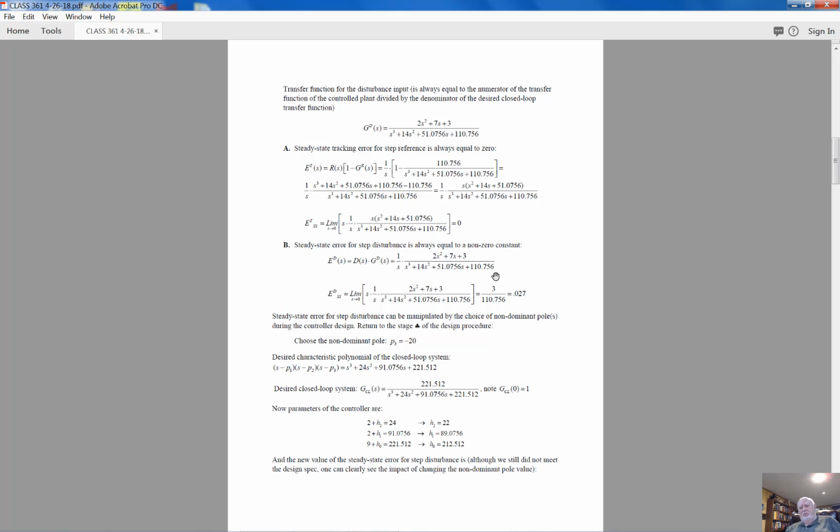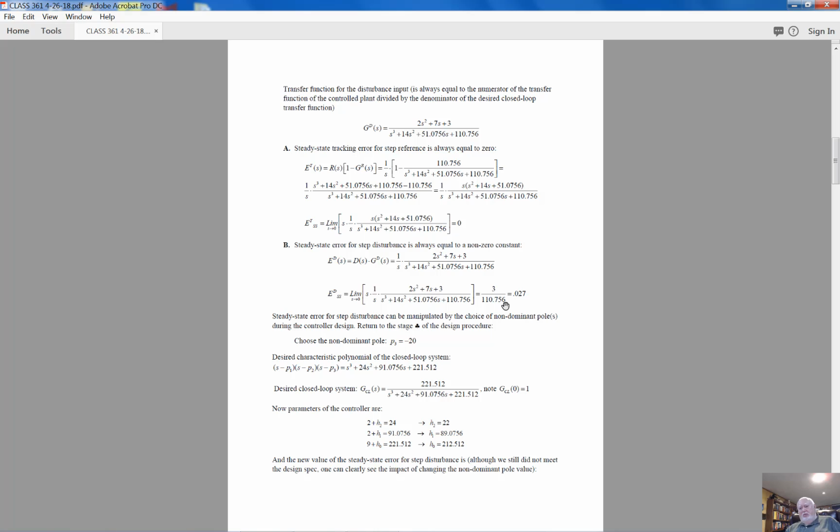And this is the disturbance transfer function. So if I would take limit of this expression, what will happen? This s and this s will cancel each other, and I will have in the numerator constant 3, and in the denominator I will have constant 110.756. And I can compute the error.